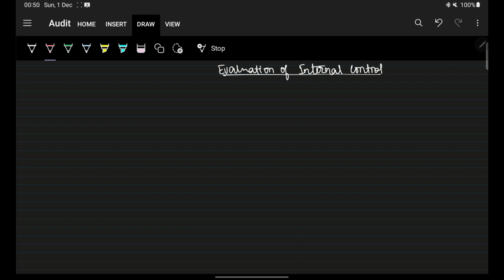Okay, so firstly the auditor has to obtain understanding of the following. First, whether the internal control, the IC, is adequate.